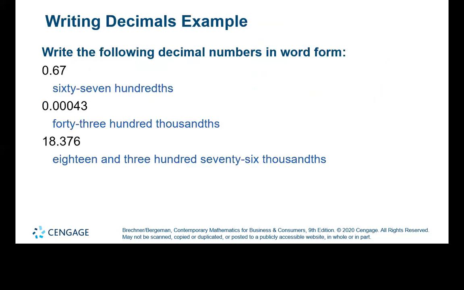Okay, so if we were to read this decimal point, you would look at the number, and if it was a whole number, you would just say 67, and then look at the place value to the furthest right. Okay, so that would be hundredths, because 6 is in the tenths place, next is the hundredths. So this is 67 hundredths, all right?